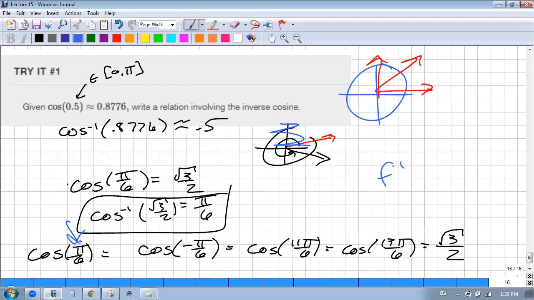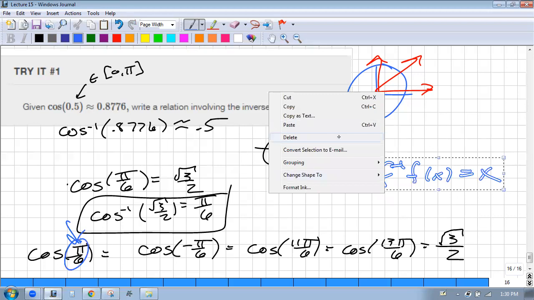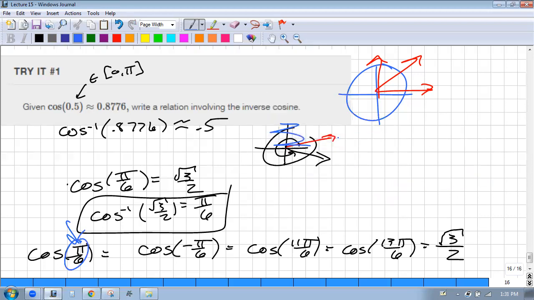We want f inverse of f to give our number back, but it's just not the case, because this function's not invertible. So this is our candidate. Think of it as a candidate for an infinite number of possibilities, all of which cosine of these give us the same output, okay?